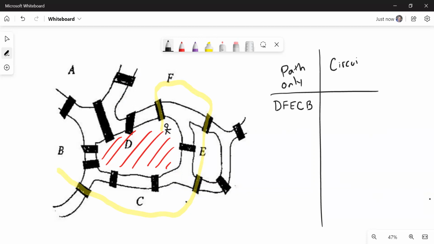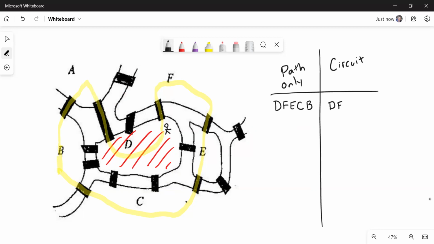But if I wanted a circuit, I would need to start and stop at the same spot. I could finish this out perhaps by going back to where I started. And of course, there's lots of ways to do it. I could continue traveling to all the landmasses. I could go over to A, and then I could go back to D, right? Kind of back to where I started. And so that would become a complete circuit.